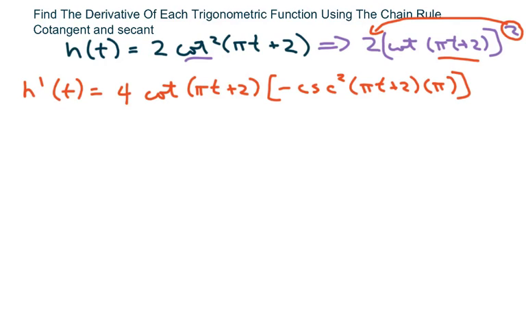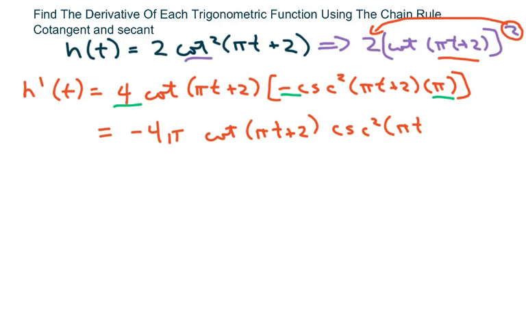Alright. And just cleaning this up, we're just going to get a negative 4 pi. I'm just bringing the 4, negative, and pi out front. And then we have cotangent of pi t plus 2 times cosecant squared of pi times t plus 2.